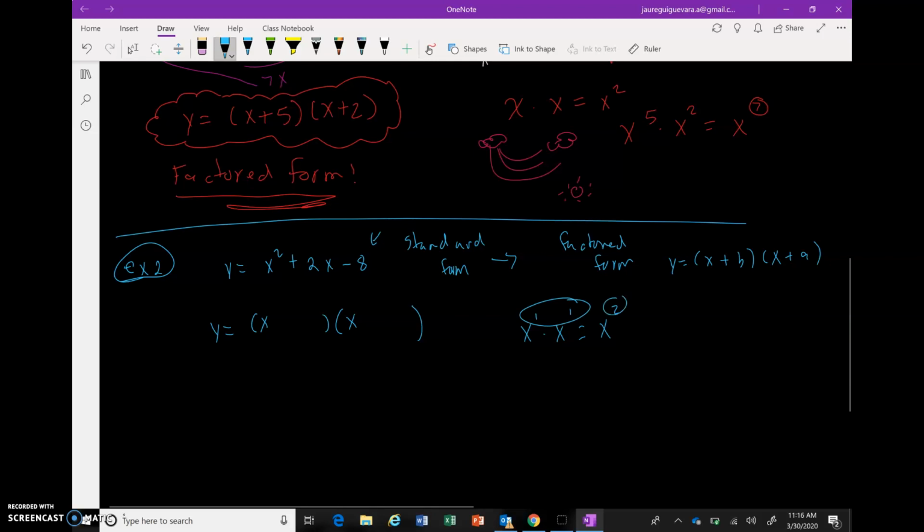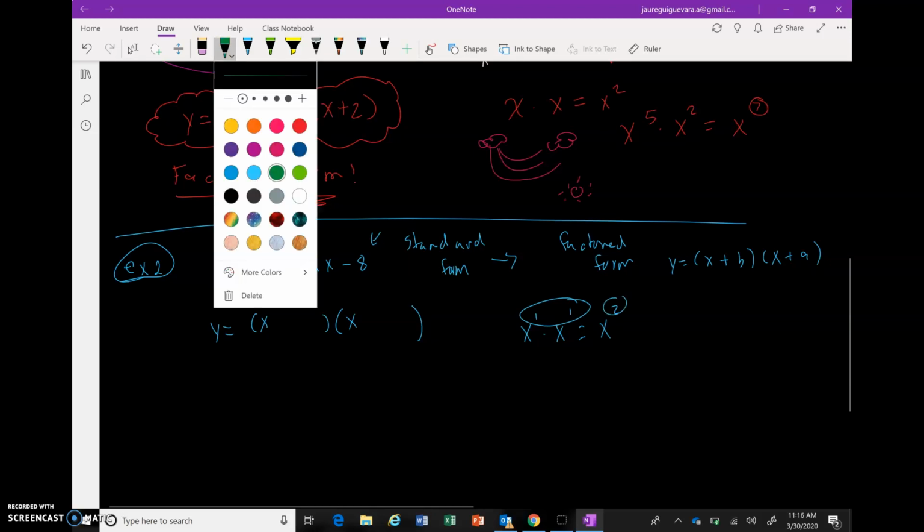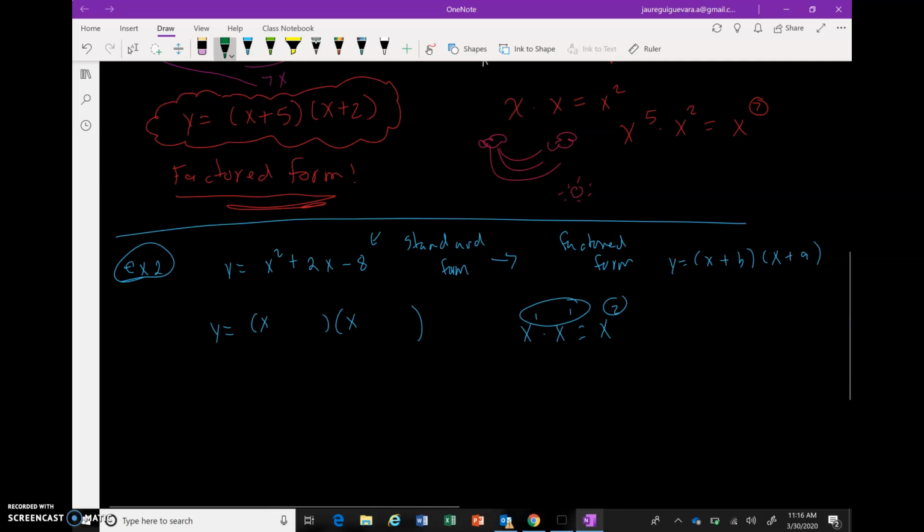Then you think about two numbers that when you multiply together give you -8. That'll be, I think, 2 times -4, because 2 times -4 gives me -8. So let's give it a shot and see if it works.